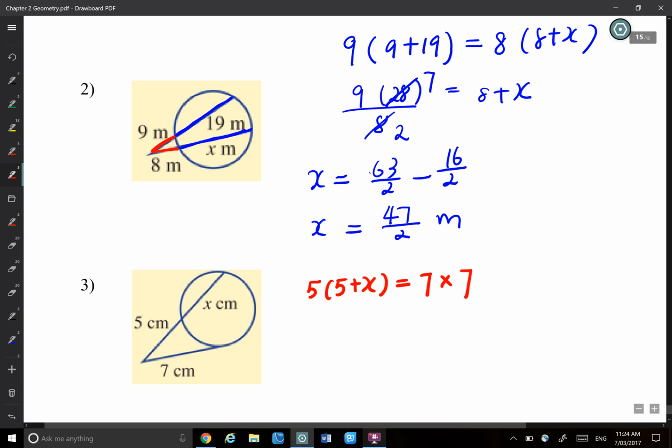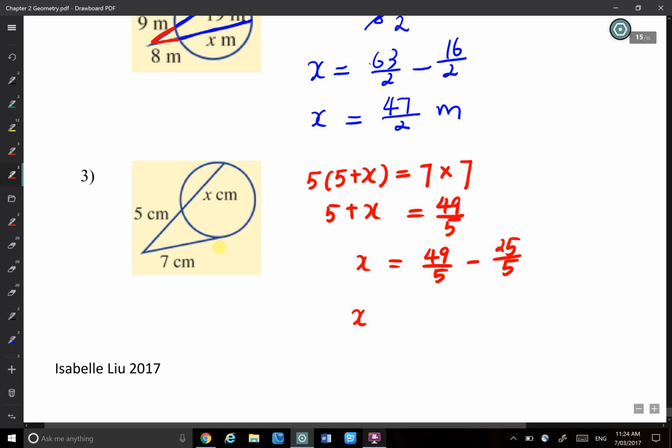Because 7 is outside and also the entire thing. So 7 times 7. So 5 plus x equals to 49 over 5. X equals to 49 over 5. Subtract 25 over 5. So it's 24 over 5.